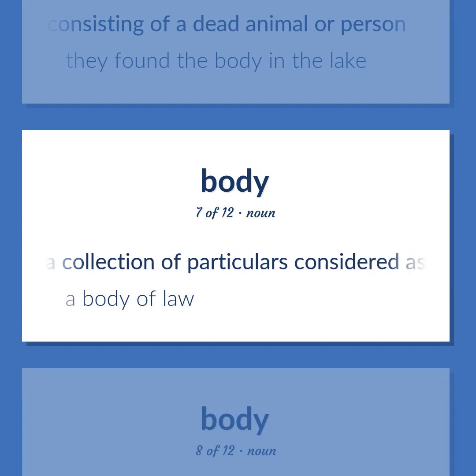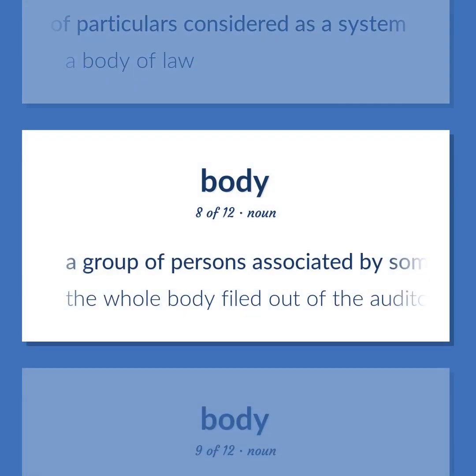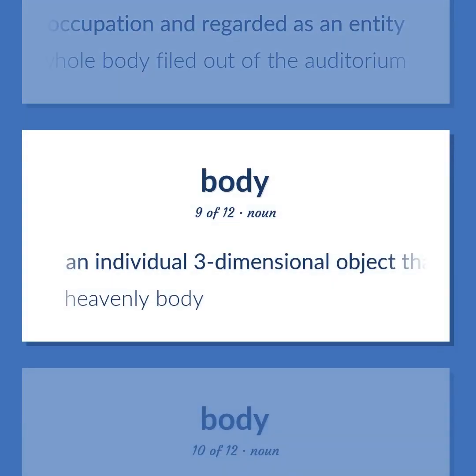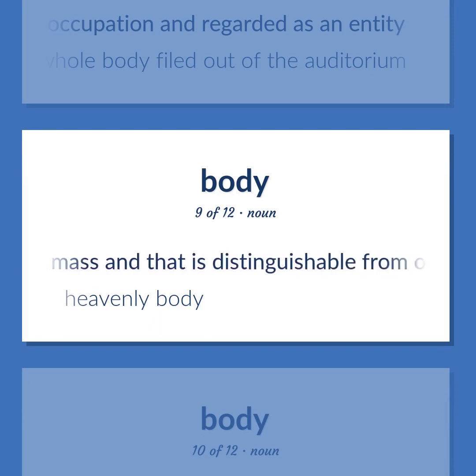A collection of particulars considered as a system. A body of law. A group of persons associated by some common tie or occupation and regarded as an entity. The whole body filed out of the auditorium. An individual three-dimensional object that has mass and that is distinguishable from other objects.